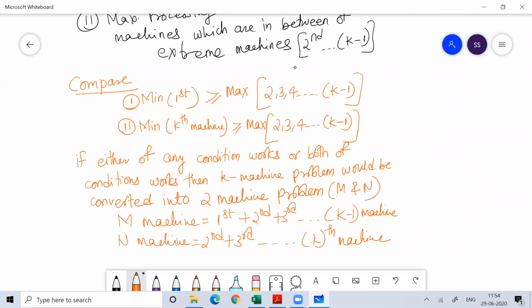So what we'll do is find the minimum processing time of the first and last machine, and compare it with the maximum processing time of all the machines in between the first and last.